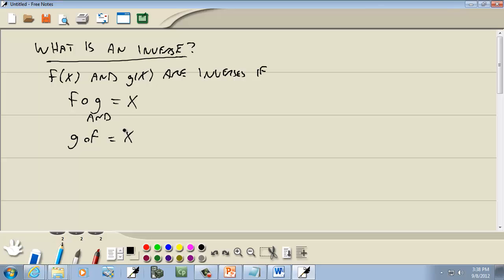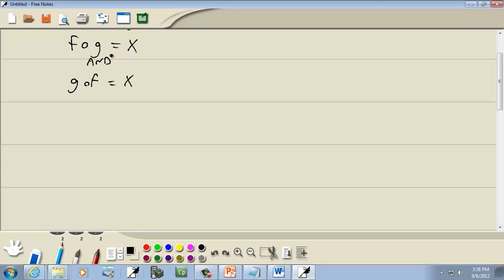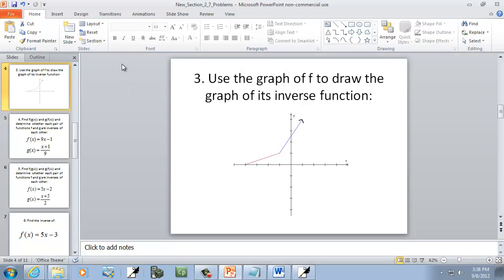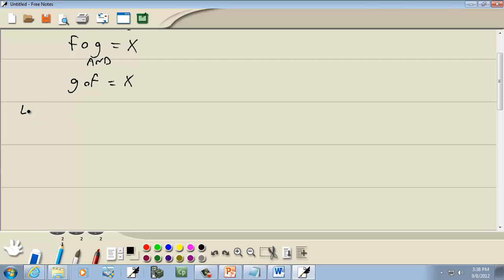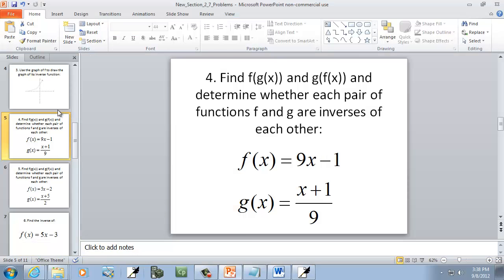Now both of those have to be true. And that actually kind of makes sense when you think they're symmetric to the line y is equal to x, that these both will equal x.